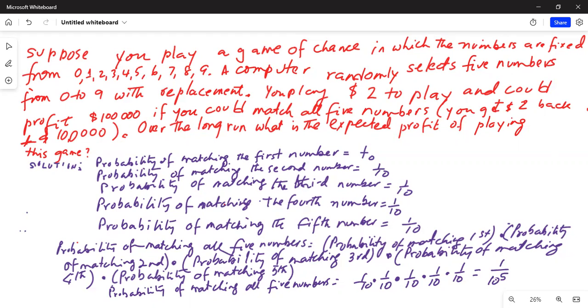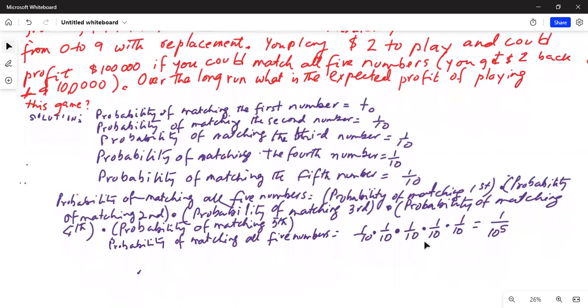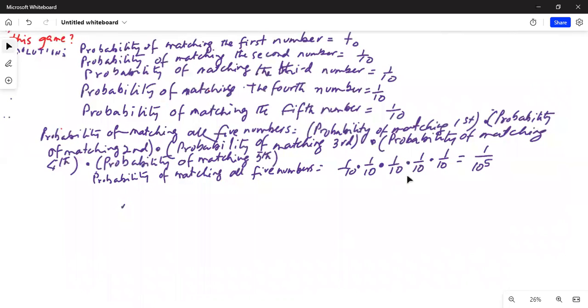Okay, so let's create some space for us. Let's move this up a little bit. We'll make a table with probability, then X, which is the value won or lost.